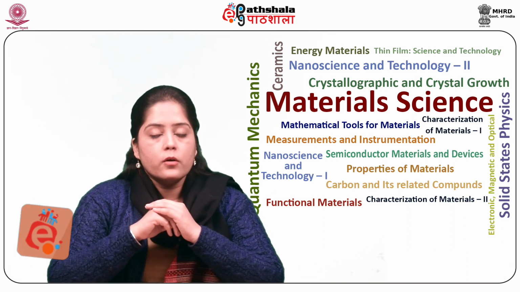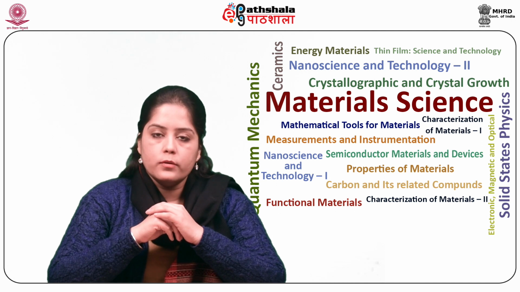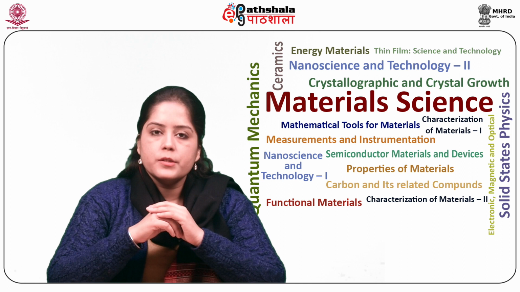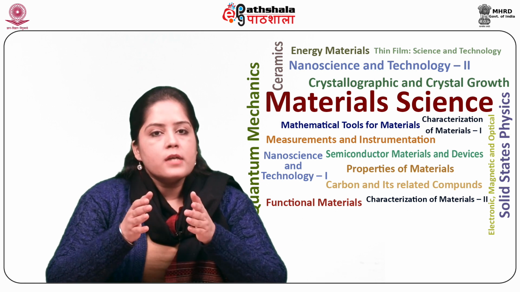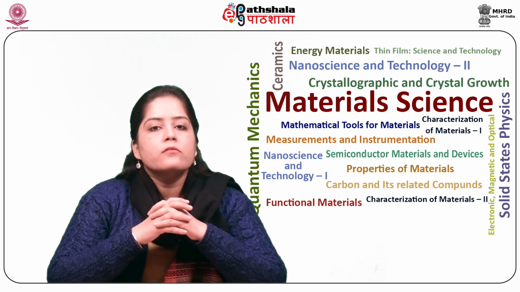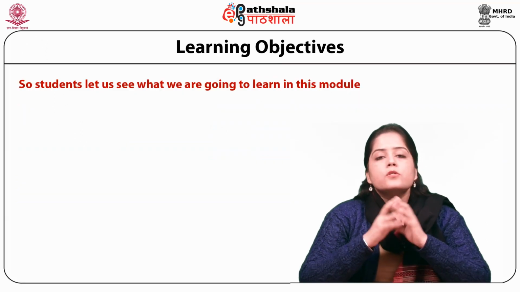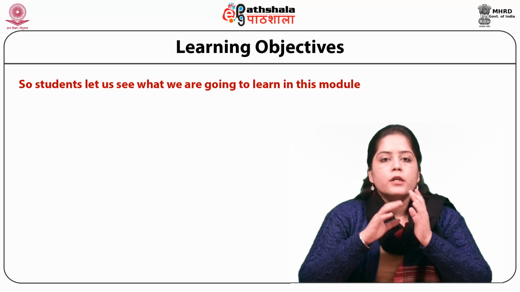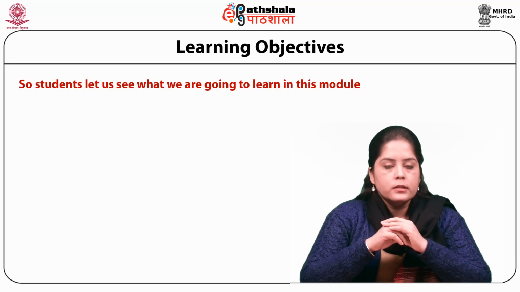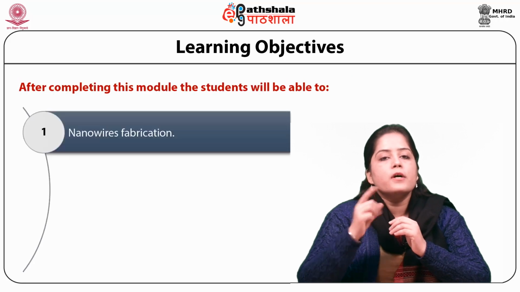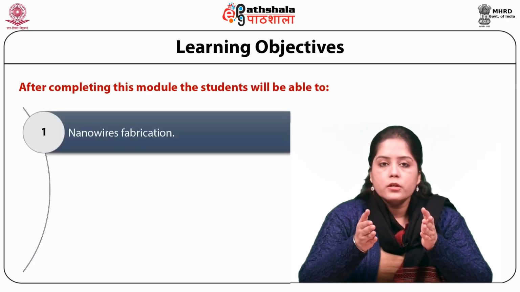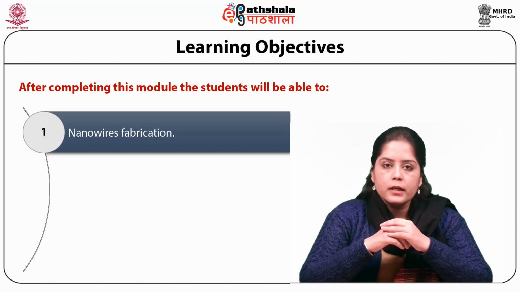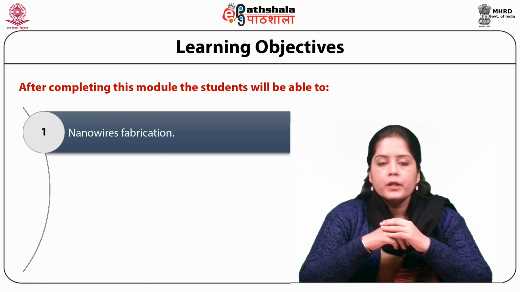So today we are going to talk on the module Applications of Nanowires under the paper Nanoscience and Nanotechnology first. So students, after completing this module, you will be able to learn the following. First, the fabrication of nanowires, basically semiconductor nanowires.